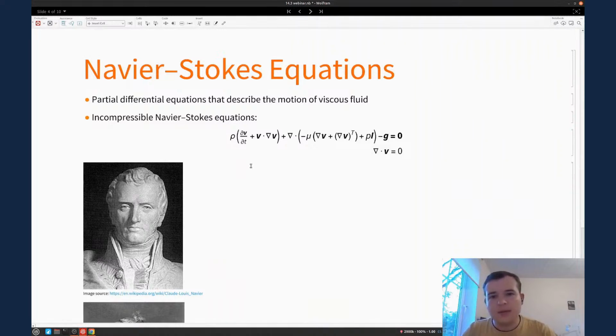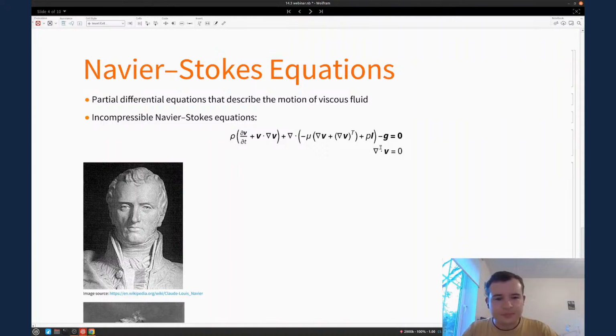Here we can see them in their incompressible form, and it's a system of equations where the unknown represents the velocity, which is here v, and the pressure p. The pressure p is a scalar, and the velocity v is a vector valued function, which has 2 components in 2 dimensions and 3 components in 3 dimensions. So in total you have 3 or 4 unknowns depending on the number of dimensions.